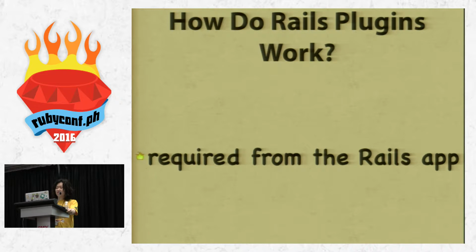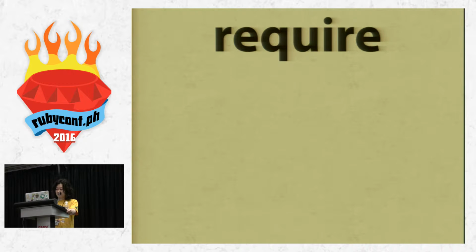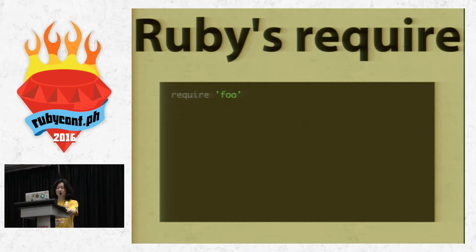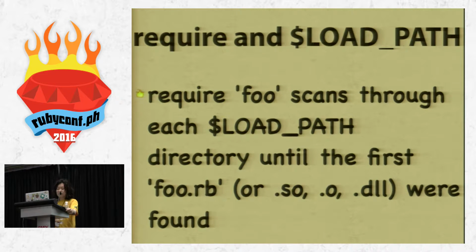So how do the plugins, the gems, work? It's loaded from the require command. The require is Ruby's require method. So with require 'foo', what require does is scan through all the directories listed in the load path and find foo.rb or foo.so, foo.bundle, DLL, and it loads until it hits the first foo something.